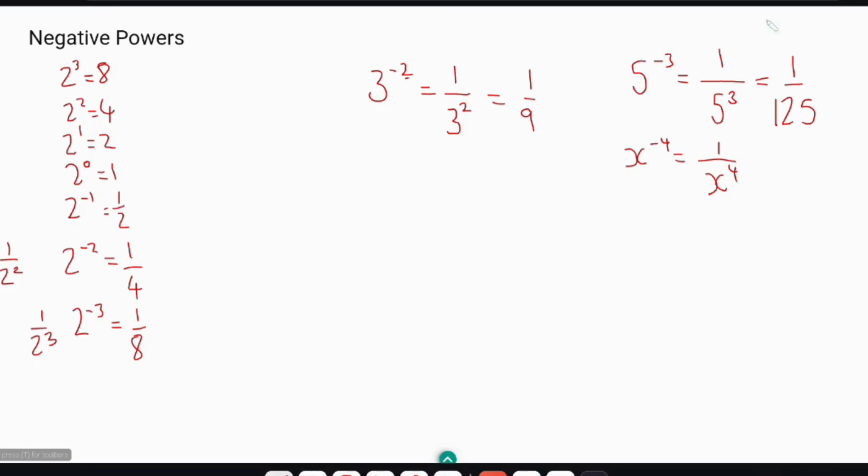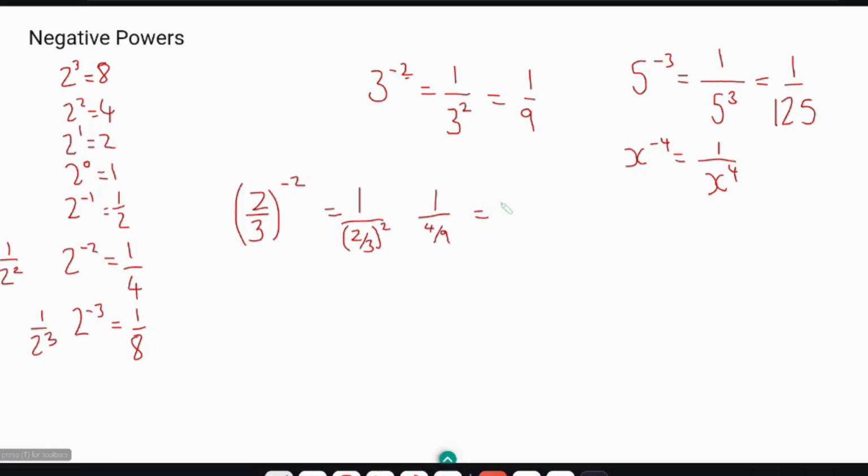Okay, so what happens to a fraction then? So 2 over 3 to the power negative 2. Let's deal with it like this. So it would be 1 divided by, or over, 2/3 squared, right? Now let's square 2 and 3 to give us 4/9.